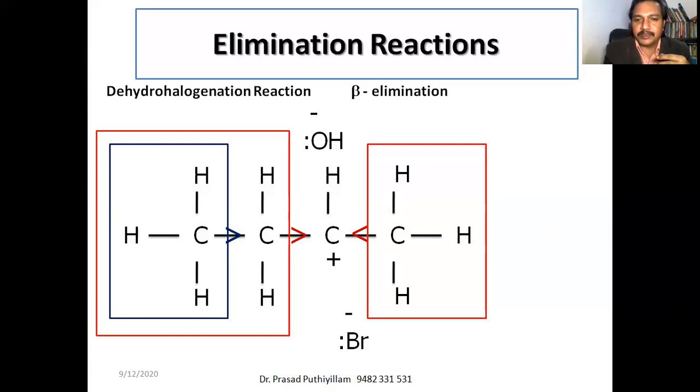Another possibility is hyperconjugation. With higher probability, it is hyperconjugation or no-bond resonance. The electrons of the C-H bond shift completely towards the carbon, giving a double bond here. Then the positive charge is neutralized and H becomes H plus. Then with the next C-H bond, the electrons shift here giving a double bond, H becomes H plus, and this positive charge is neutralized.